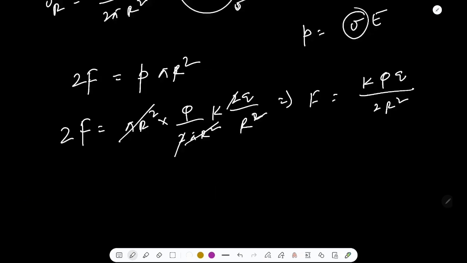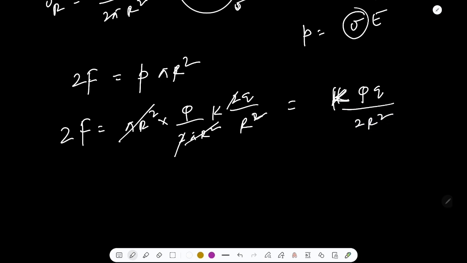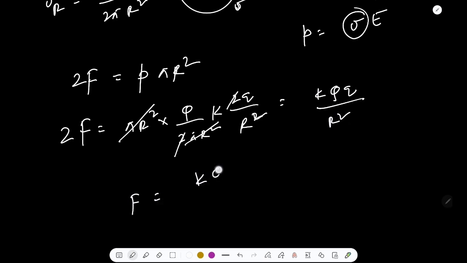And the result, oh sorry, I missed it. I think the result will be kQq upon 2R squared. That will not be equal to 2F. I'm again making a mistake. I got 2F equals kQq by R squared. That means F will be equal to kQq by 2R squared.